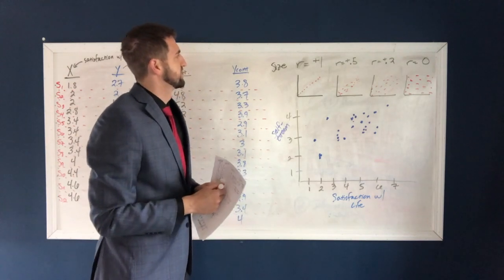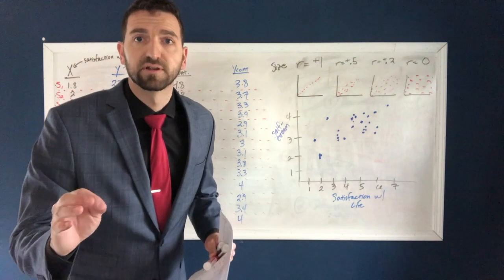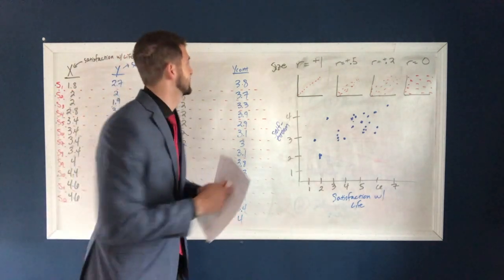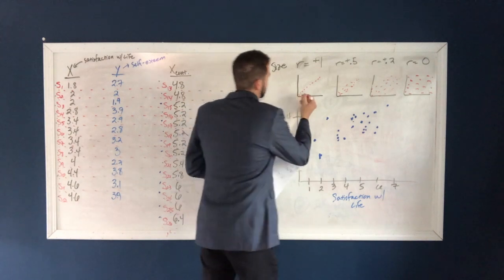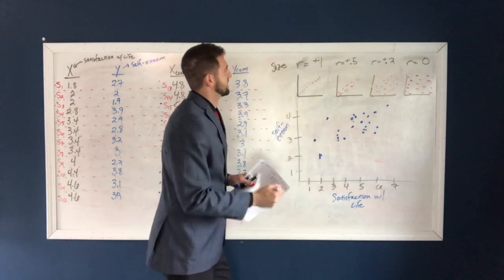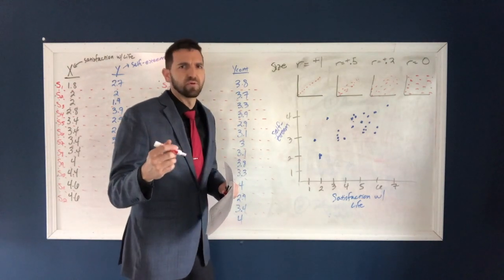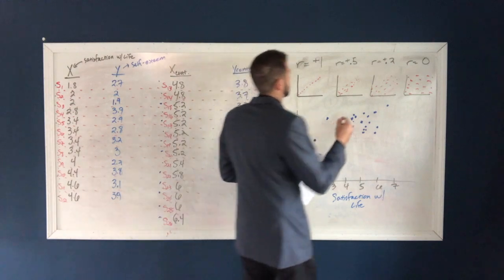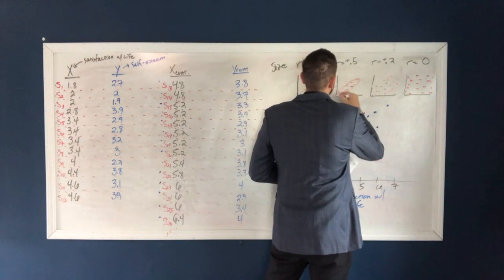For review, the largest possible positive correlation is +1, and notice how the dots are on this imaginary line. Then let's drop it down. R equals +0.5, it's probably something like this.